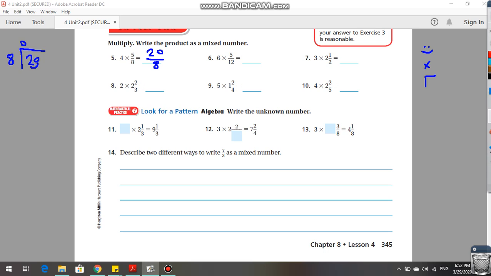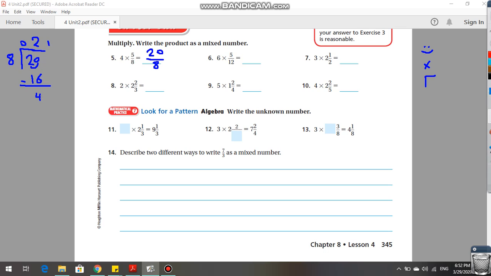So it's 20 divided by 8. Do I have 20 in table 8? No. What is the closest number? It's 16. What times 8 gives me 16? 2. So I'm gonna write it up and subtract. 20 minus 16 equals 4.